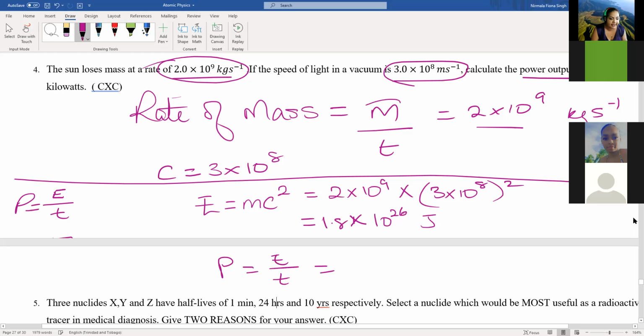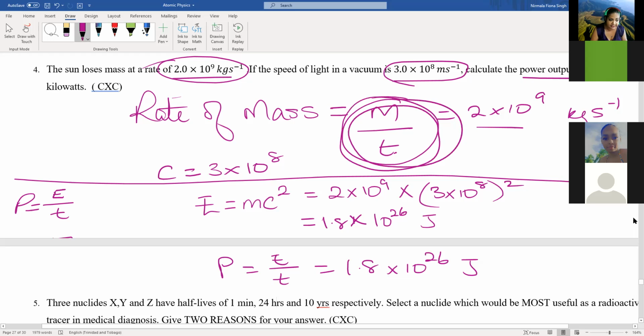And since I already had the mass over time here being 1, I can say that my power is 1.8 by 10 to the 26 joules. Since I am using mass, rate of mass, and rate of mass is mass over time. And to get our power, we're just going to have the same equation.